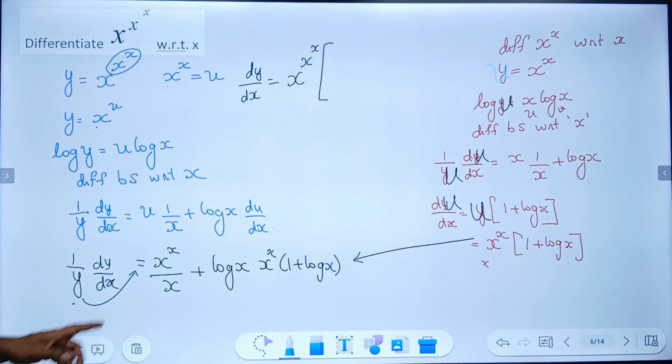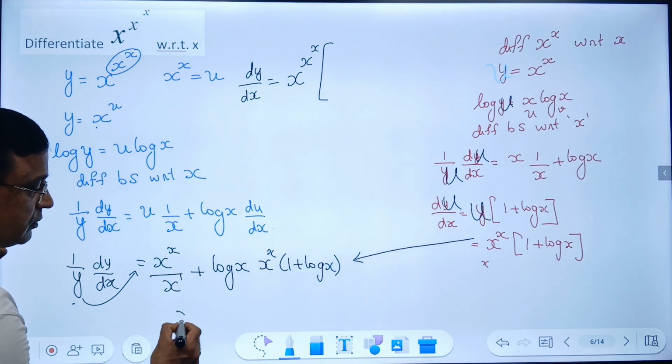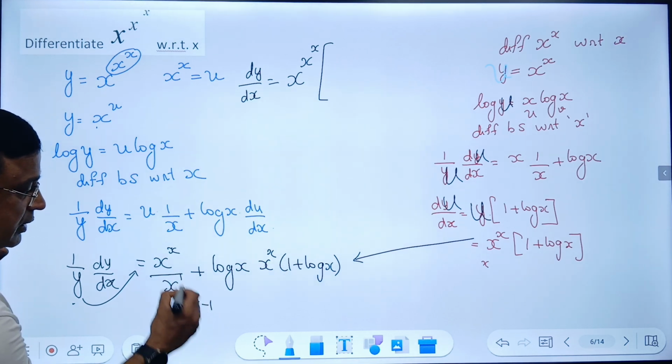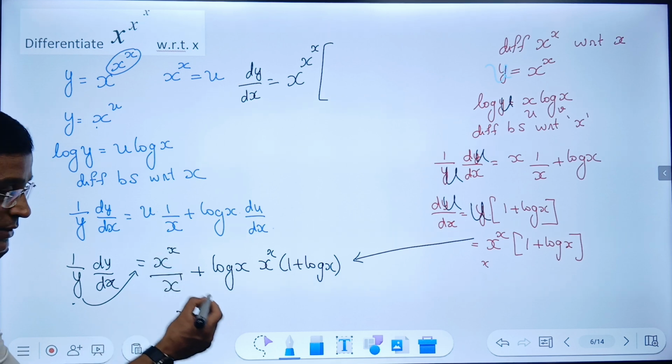into, what is x power x by x? This is power 1, no? So this will be x power x minus 1, correct? A power m by a power n is a power m minus n.